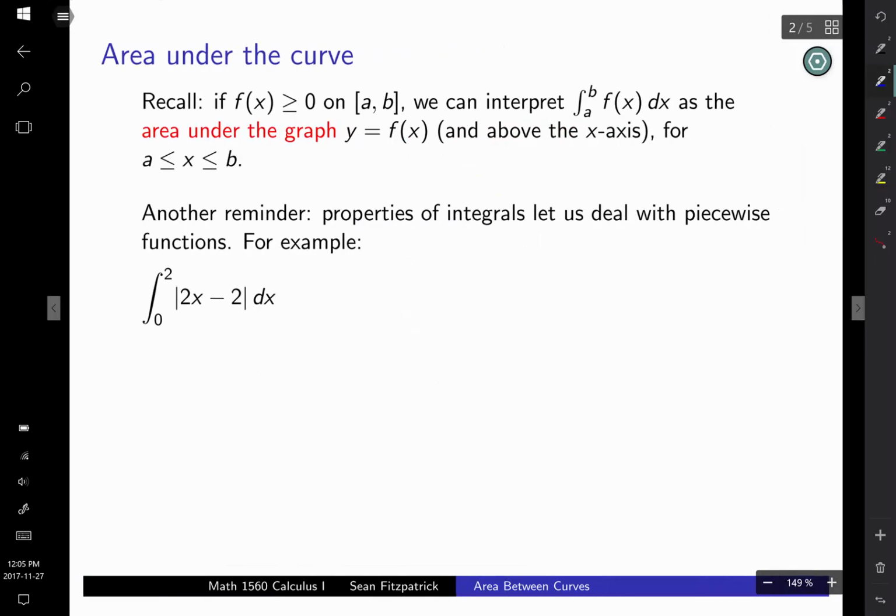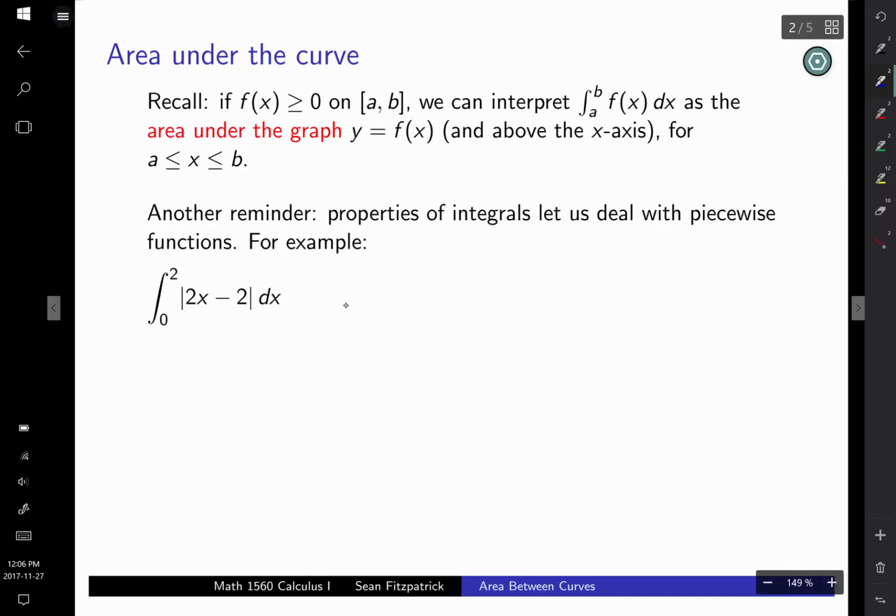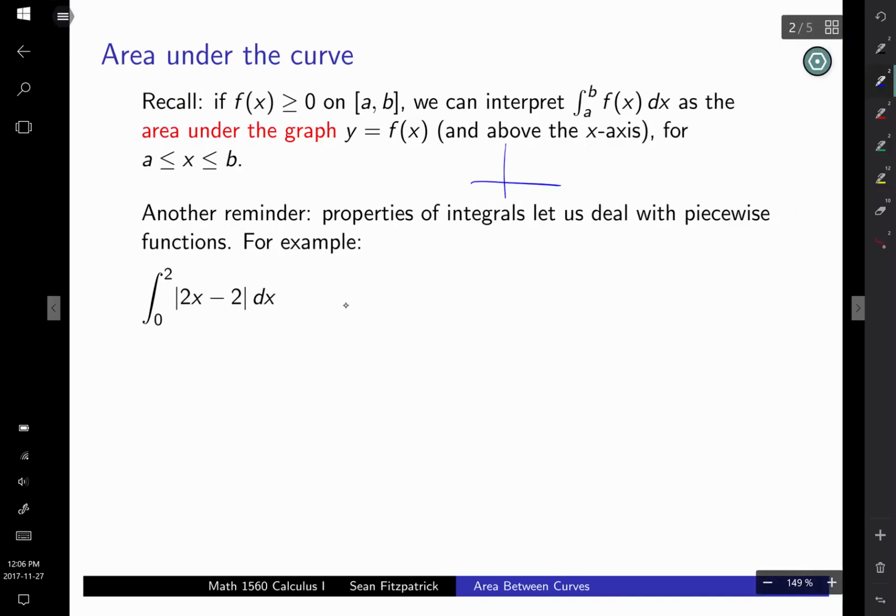So remember that area was the original motivation for defining the integral in the first place. If we're given a positive function, or at least a non-negative function, then we think about the area that lies between the graph and the x-axis from a to b. This is what we think of as the integral.